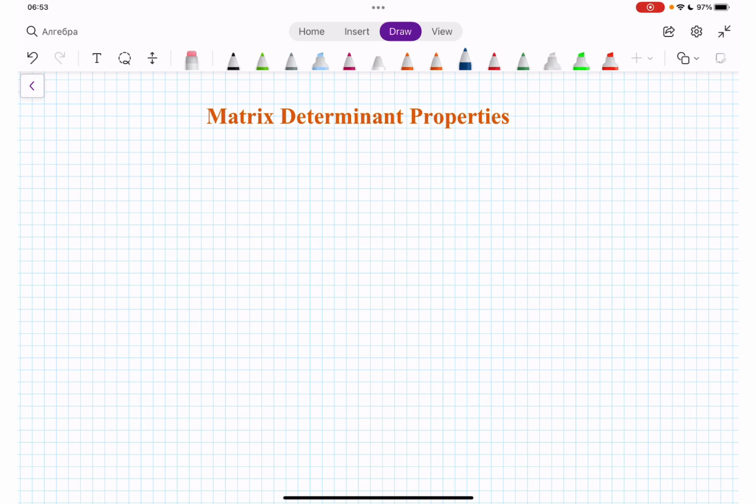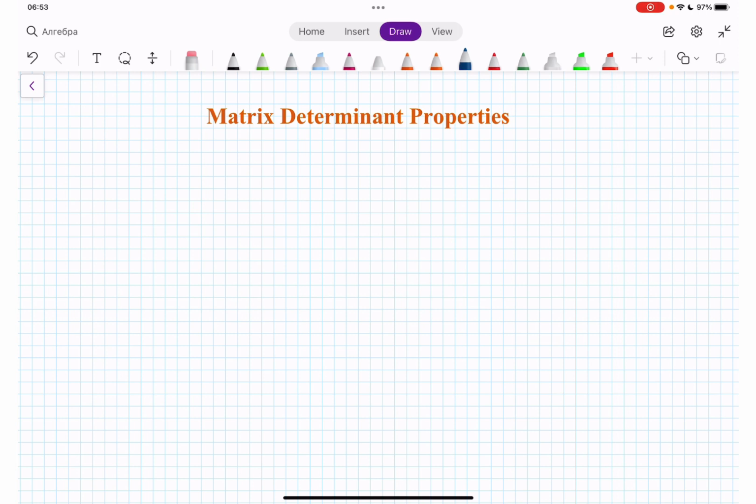There are about 10 properties of the determinant, but only some of them are of real practical importance. So let's look into a few of them.